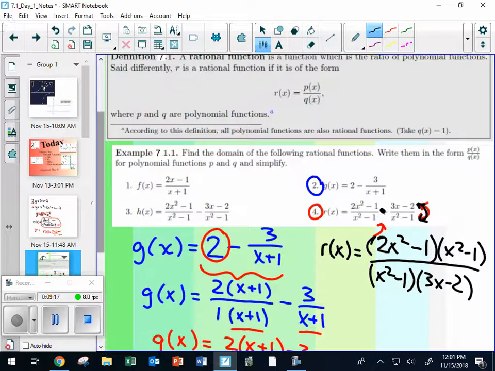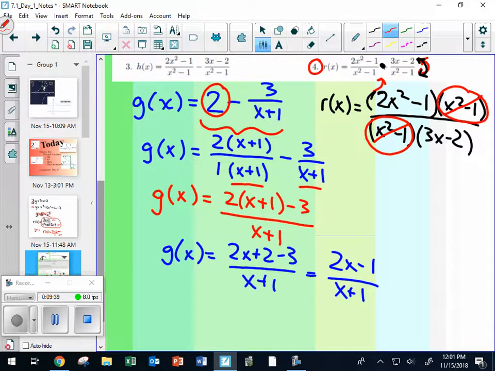Ryan, can you call on somebody to tell us what they did next? Yeah, so if we look right here, we have an x squared minus 1 in our numerator and in our denominator. So can't we just cancel them out because it's the same thing? So we just cancel them out and we write what we have left. We just end up with 2x squared minus 1 over 3x minus 2.